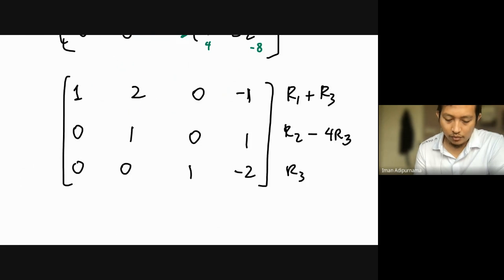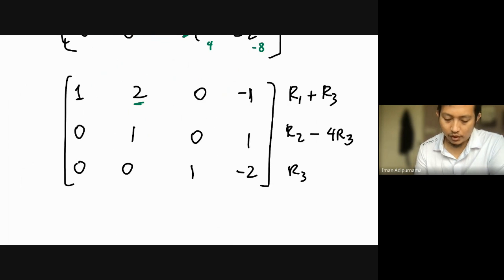Okay. Now we still have this 2. We can multiply this or subtract this with this, right? And this we need to multiply by 2. So R1 subtracted.